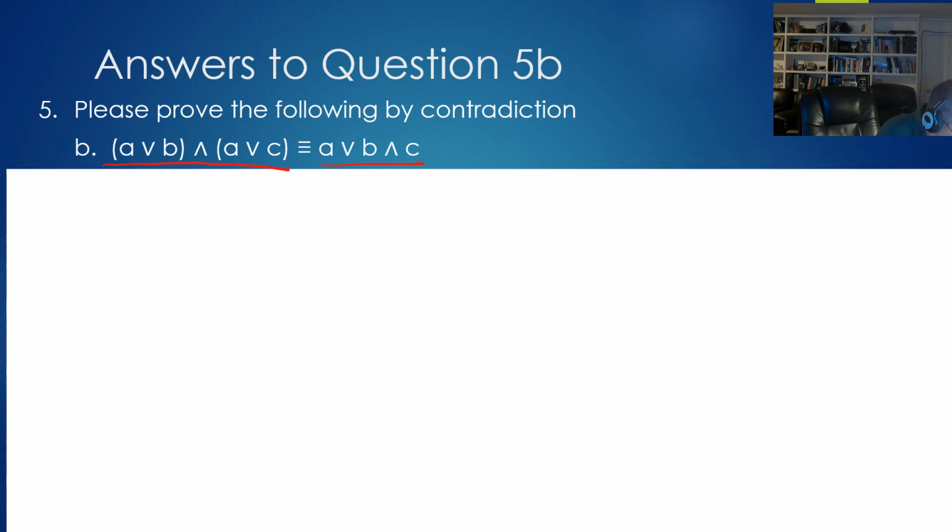Now, using proof by contradiction, we assume that A or B and A or C is, let's say, 1, okay? And the right side, A or B and C, is 0.